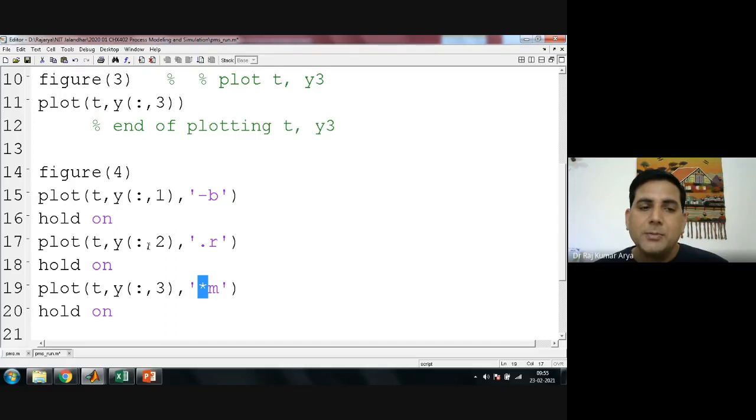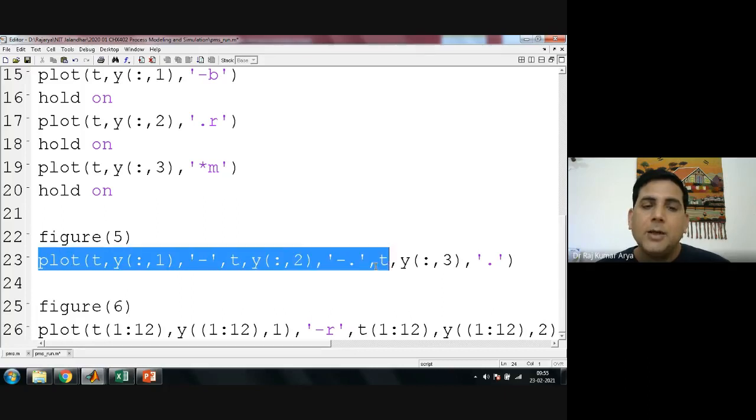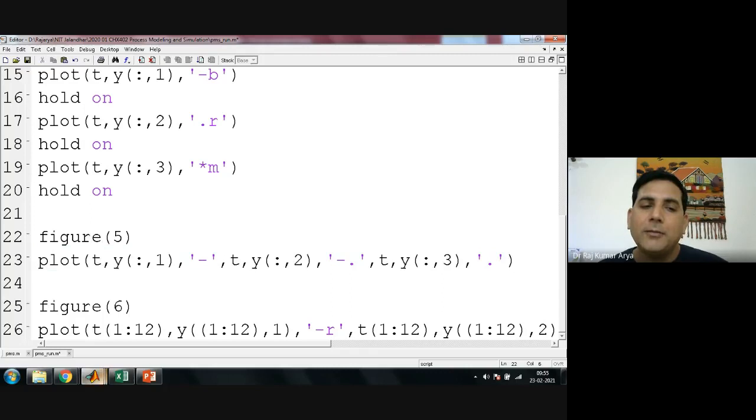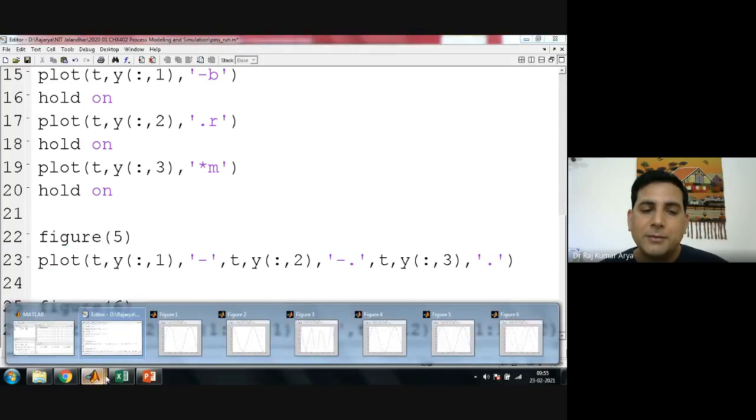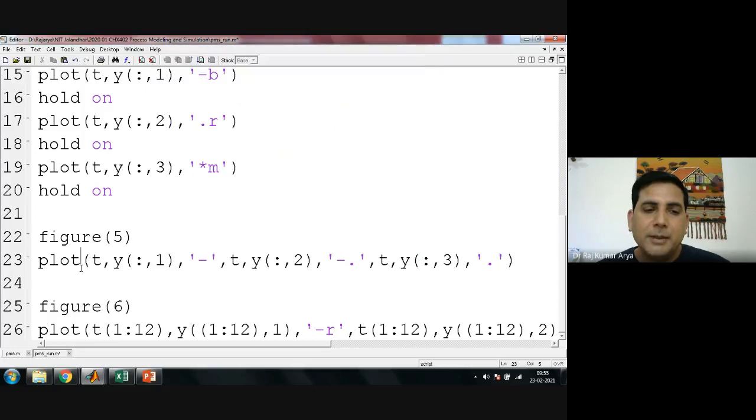Now this is one way to plot in the same graph. This is another command to plot everything in the same graph. Previously you used the hold on command. Here you are following just this command to plot everything in one graph. In figure number 5, you again have all three, correct or not? First is blue, then red, then green, coming from here.